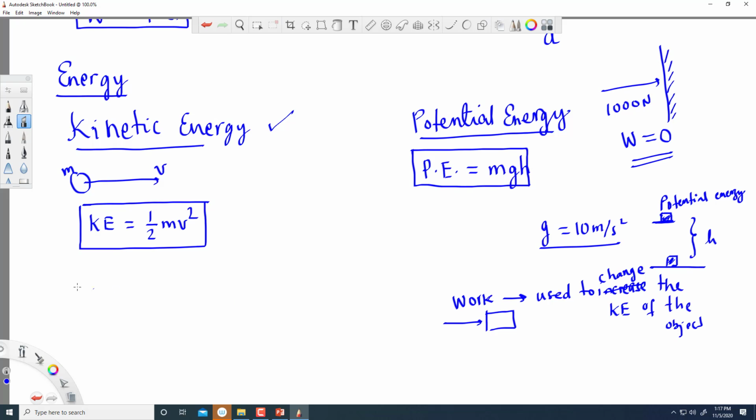So that means the work done on an object is equal to the change in kinetic energy. Mathematically, how do we write that?